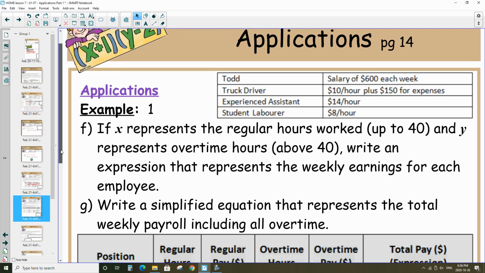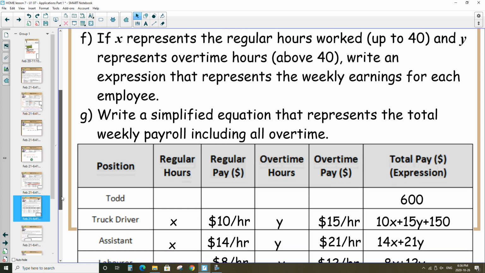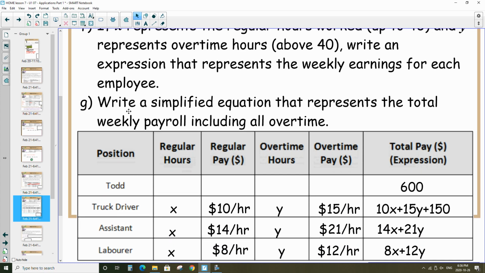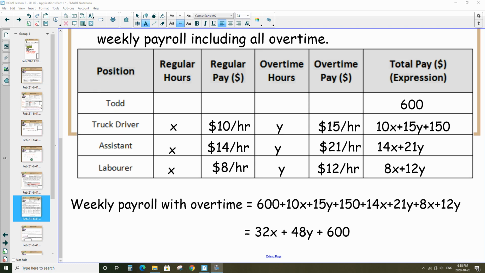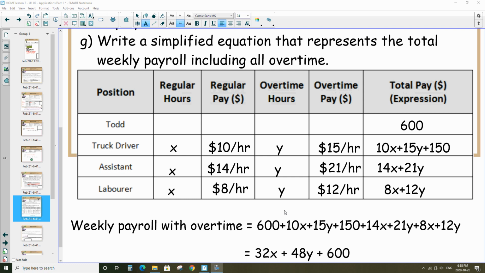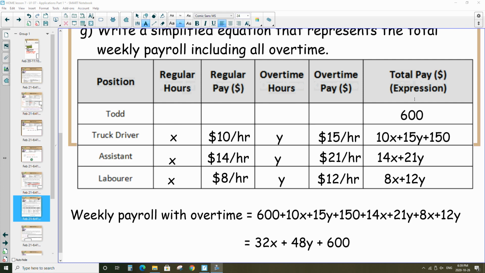And then if we're going to answer G, to write a simplified equation that represents the total weekly payroll for overtime, what we want to do is take these equations and add them all up. So I've taken these equations and written them all in one row, and then I collected like terms.